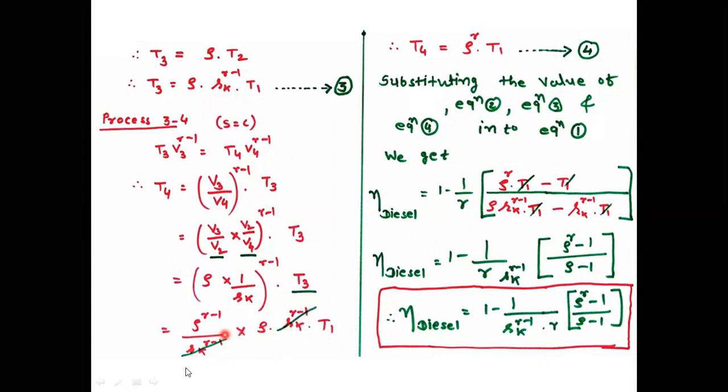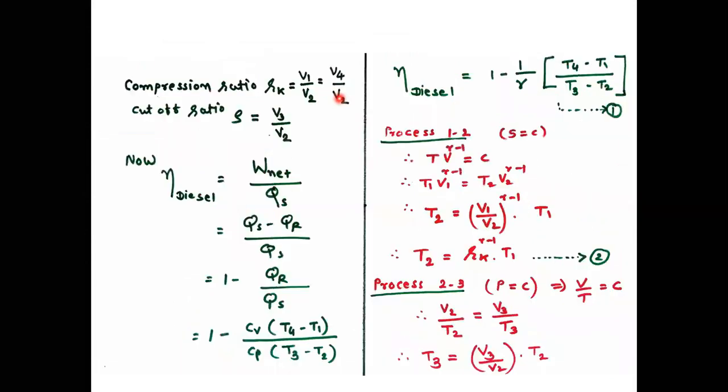So RK raised to gamma minus 1 cancels out. And here rho raised to gamma minus 1 into rho raised to 1, so 1 and minus 1 get cancelled. So only rho raised to gamma into T1 remains. It's mathematics, it's very easy. So T4 is equal to rho raised to gamma into T1, say equation 4.